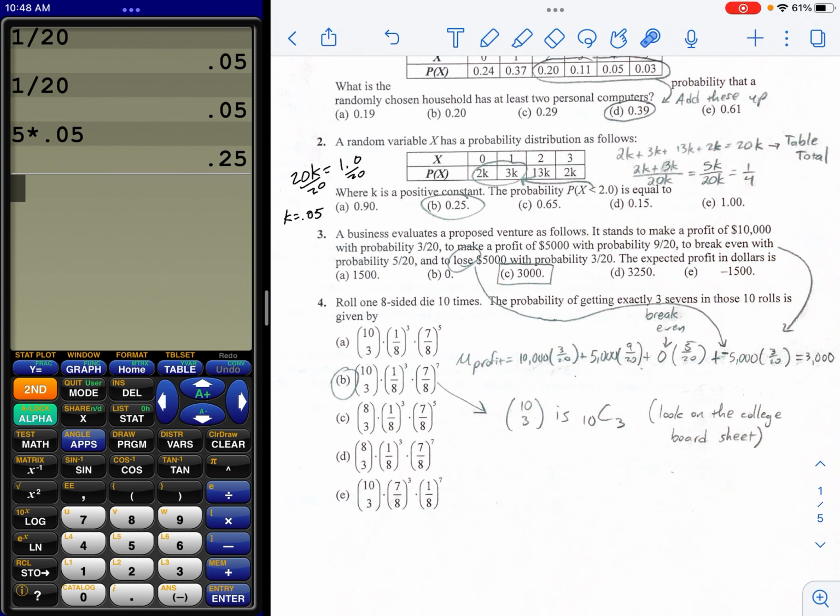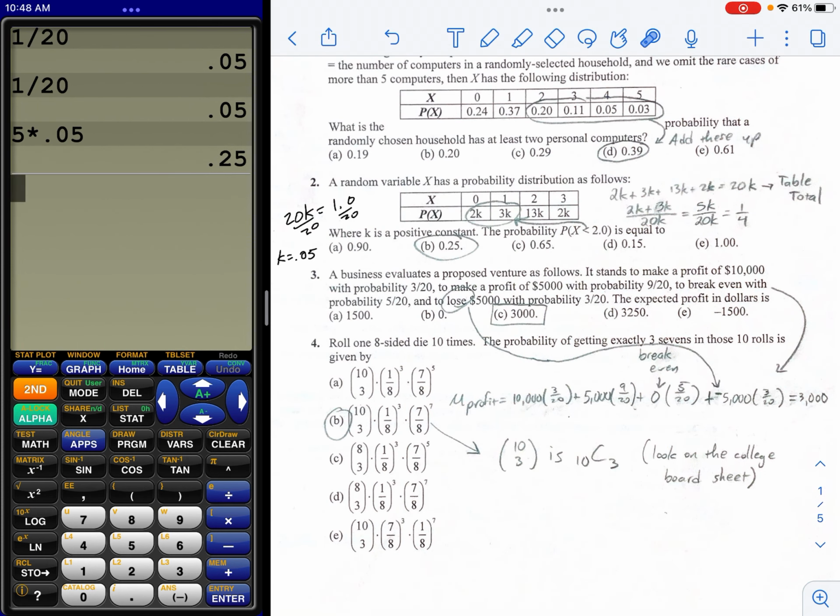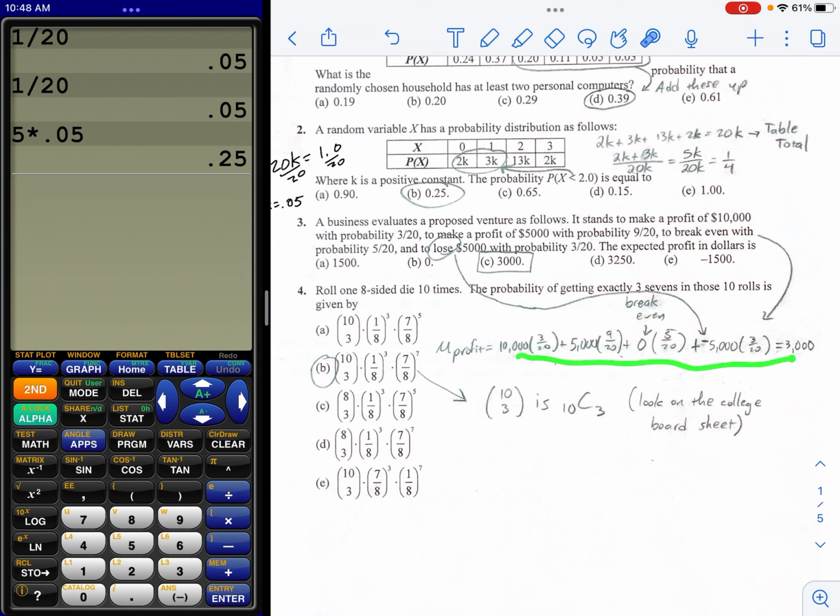Number 3 is a big word problem that's essentially describing a table. And I showed my work down here for it. And I had this thought afterwards, as you went through, you could just create the table. Because first it says $10,000 happens 3/20ths of the time.